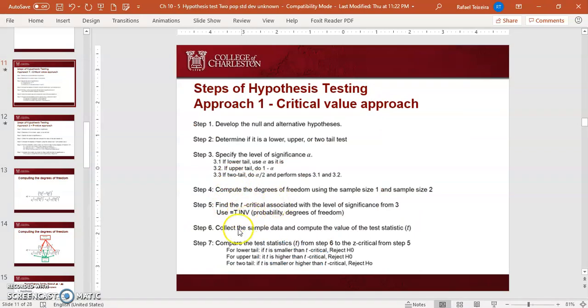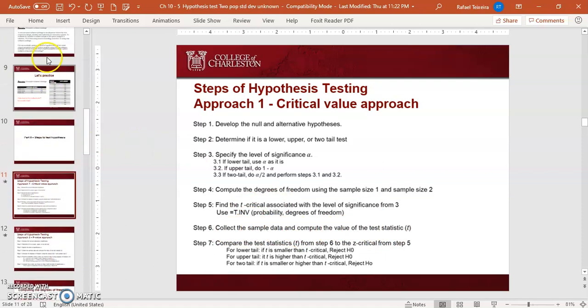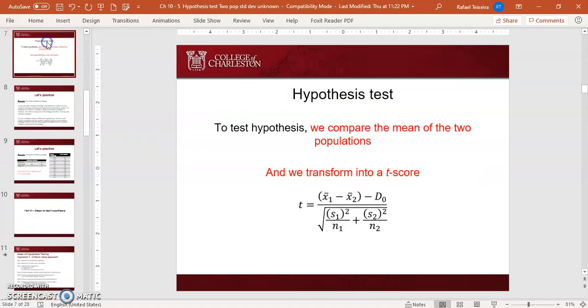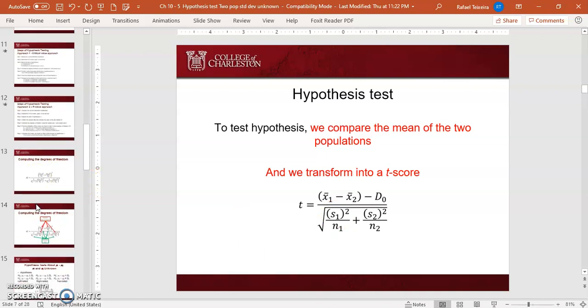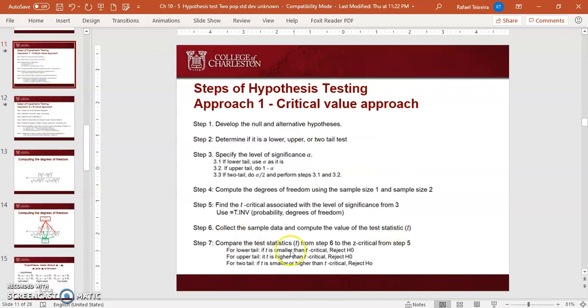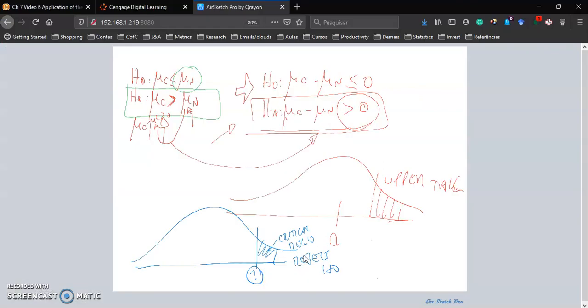After getting the t critical, what you have to do is collect the sample data. This is given in the problem, and compute the value of the test statistic, which is this one here. Then you compute this t score, and then you compare. You get the t statistic, and you figure out if the t statistic is here or is here. If the t is here, then you reject the null hypothesis.